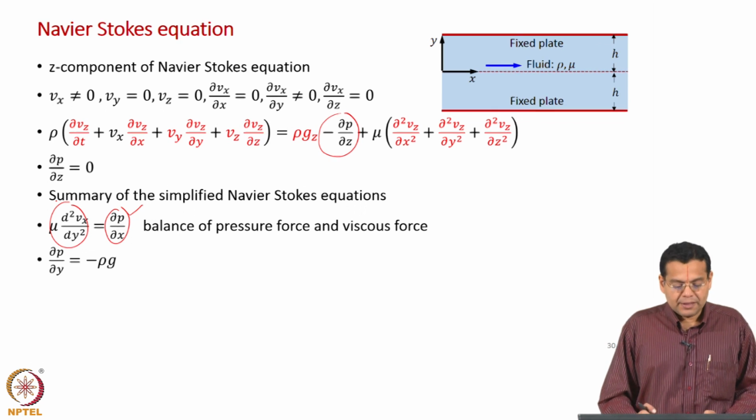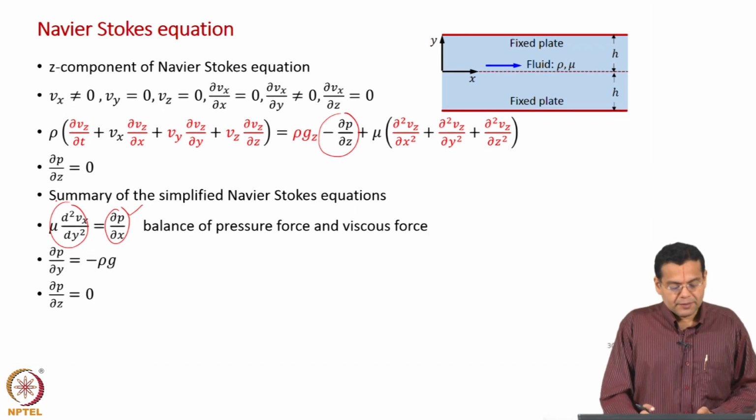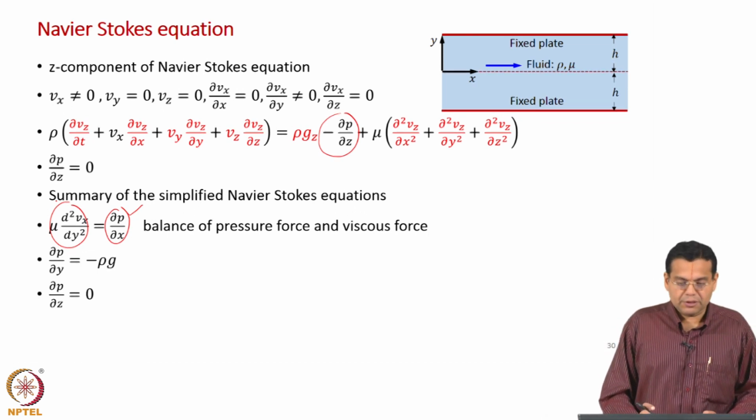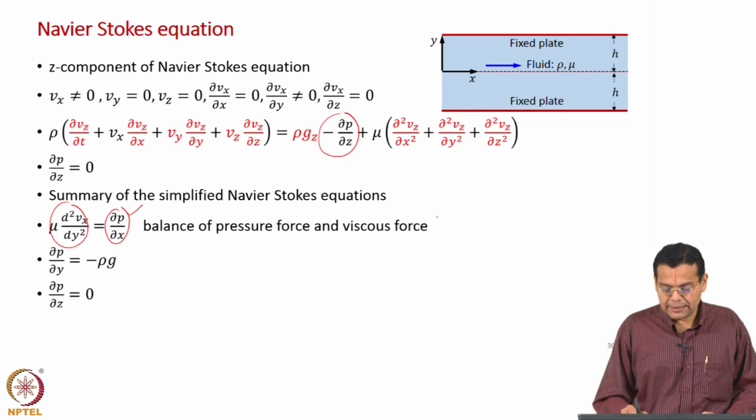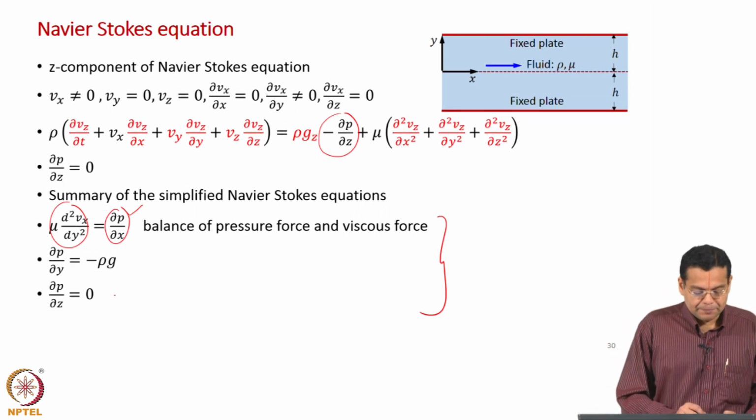And y direction it is just a hydrostatic equation, which is ∂p/∂y is equal to minus rho g, and ∂p/∂z is equal to 0. Okay. So, these are the simplified Navier-Stokes equations. Compared to the planar Couette flow case, this equation is same, this equation is same.